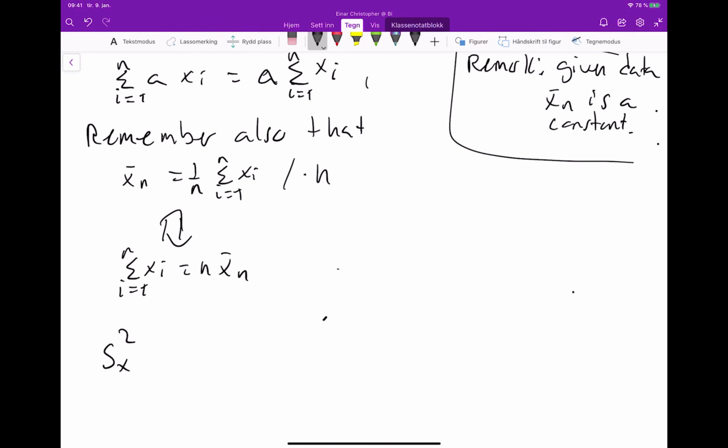We know that the empirical variance Sx in the power of 2 is equal to 1 divided by n minus 1, sum i equal 1 to n, of xi minus x bar n, squared.